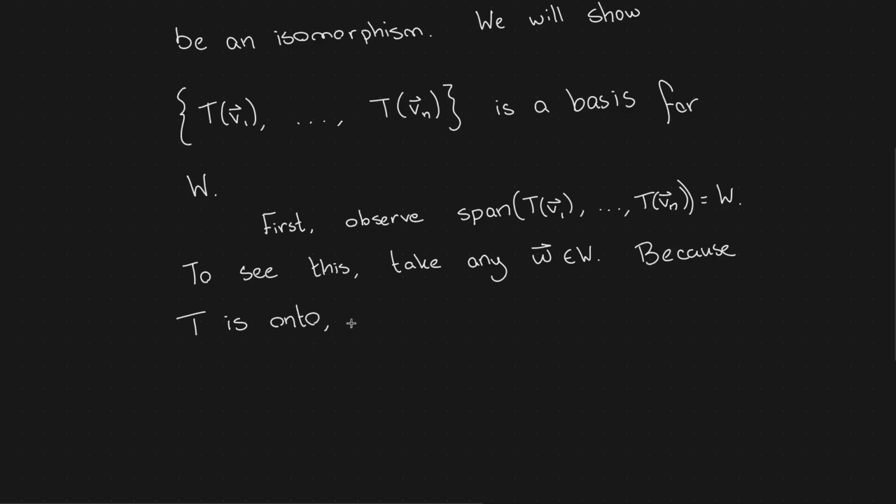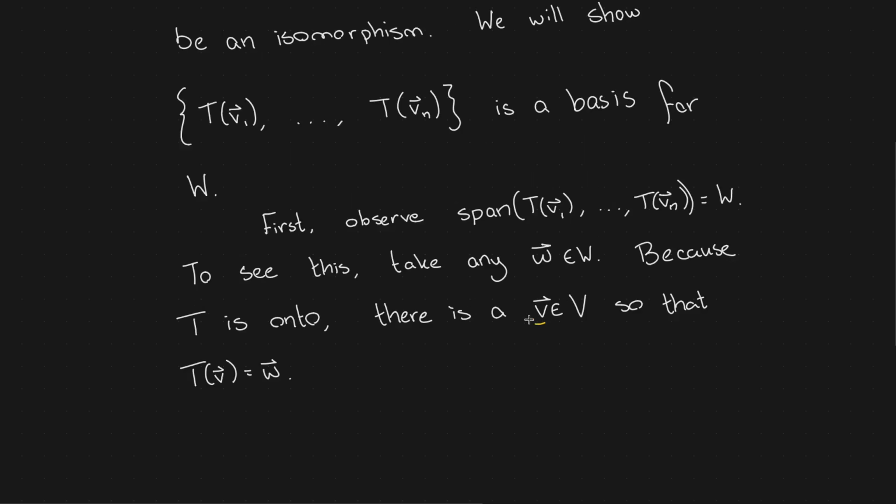Because T is onto, there is a vector v in vector space V so that the transformation of v is equal to vector w. Okay?